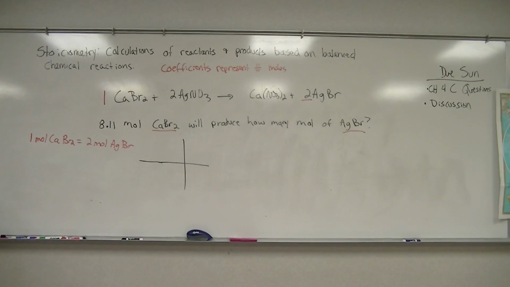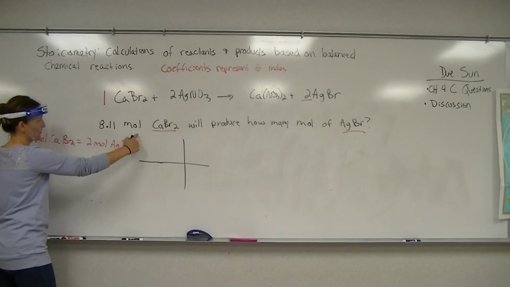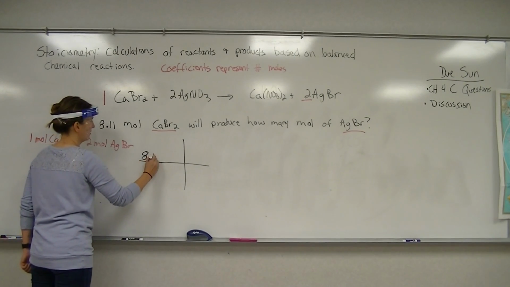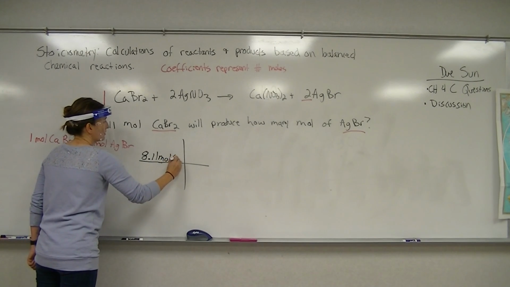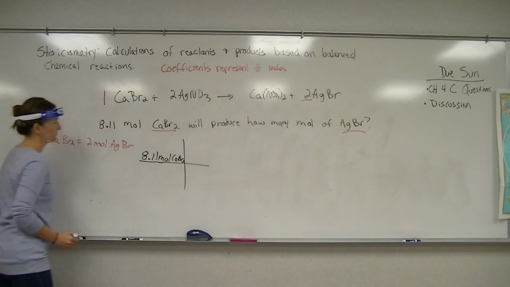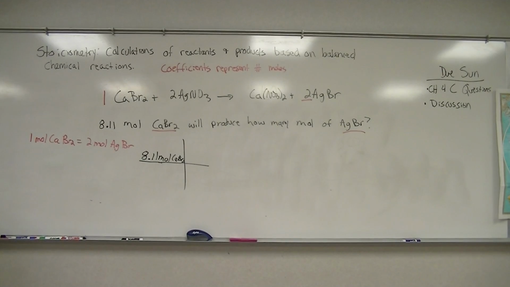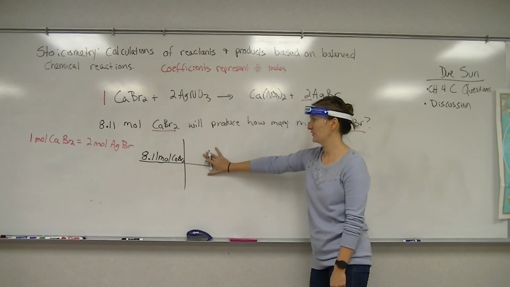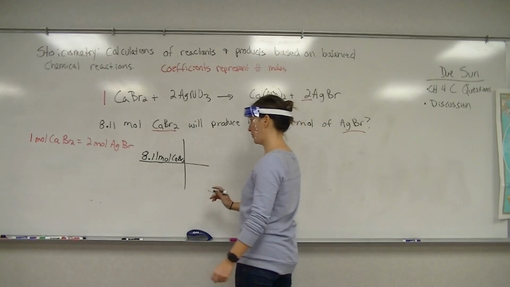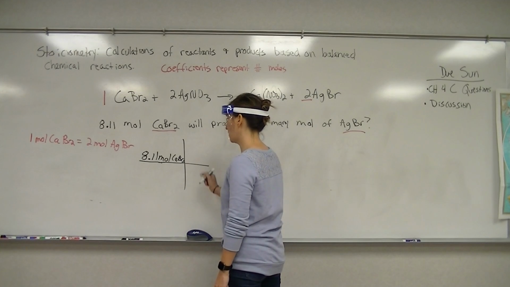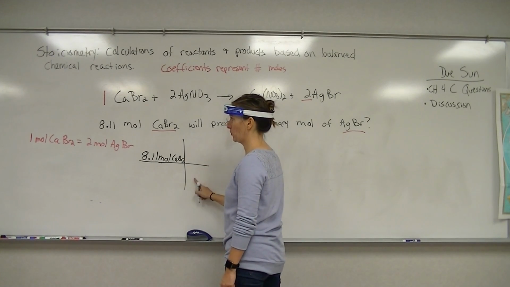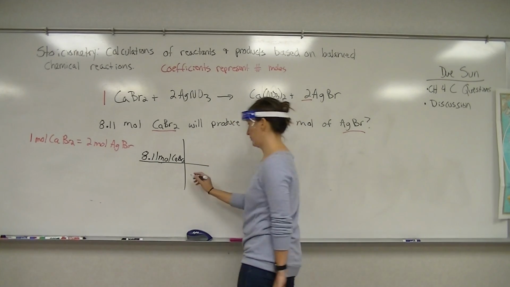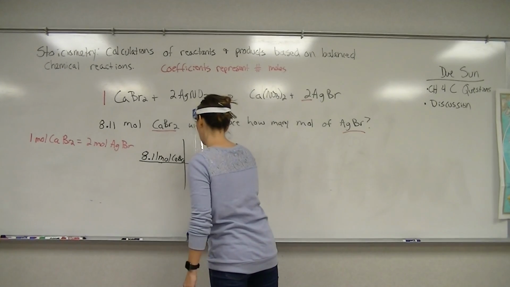All right, so what am I starting with? The number in the question, the 8.11. This conversion factor gets me out of moles of calcium bromide and into moles of silver bromide. So am I going to want the 1 on the top or the 1 on the bottom? Bottom. That's the 1 mole of calcium bromide.